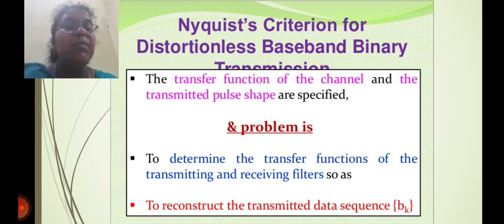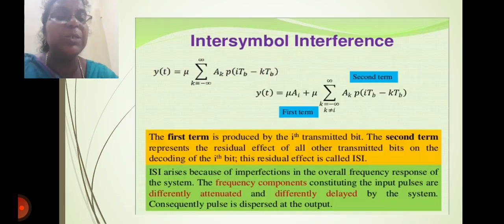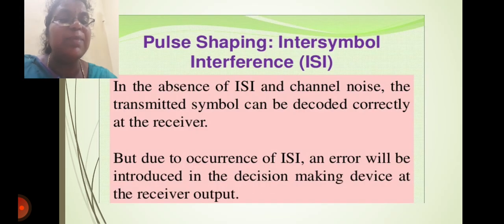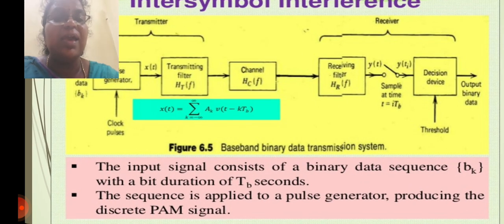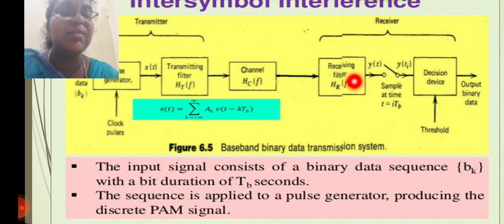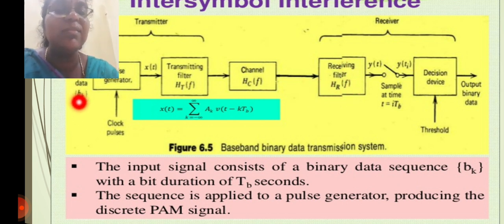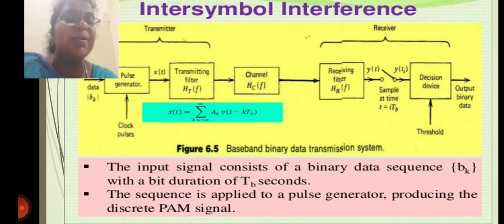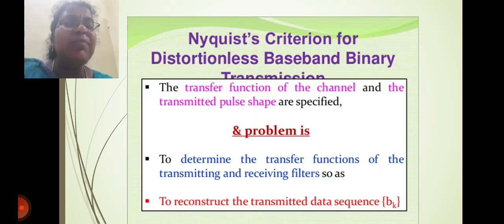So from the baseband binary data transmission system, we know that b_k is the input sequence, and our aim is to design the transmitting filter and the receiving filter transfer functions so as to reconstruct this b_k at the receiver. For that, we are finding out the conditions.